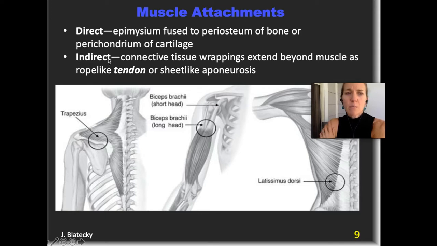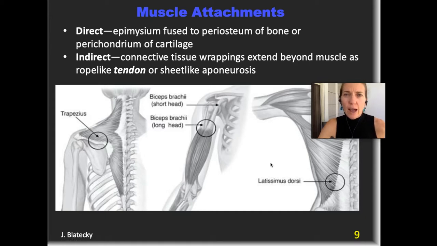And then another type of indirect muscular attachment is seen here with your latissimus dorsi, your lat. And here you actually have what's called an aponeurosis. So it's this sheet-like tendon that is going to serve to anchor onto the points of origin in this case. So just some examples of different ways that a muscle attaches to bone.